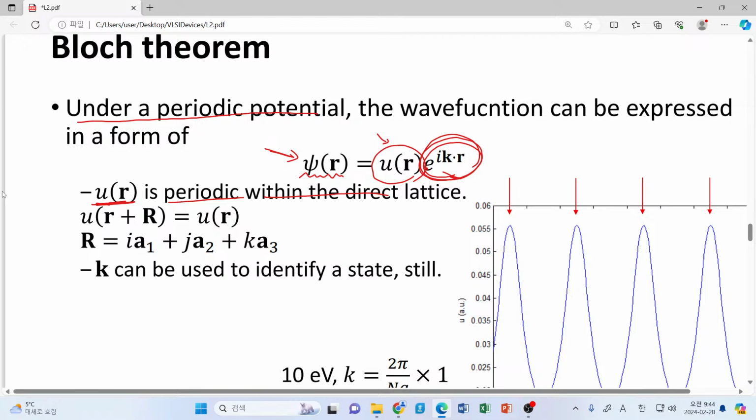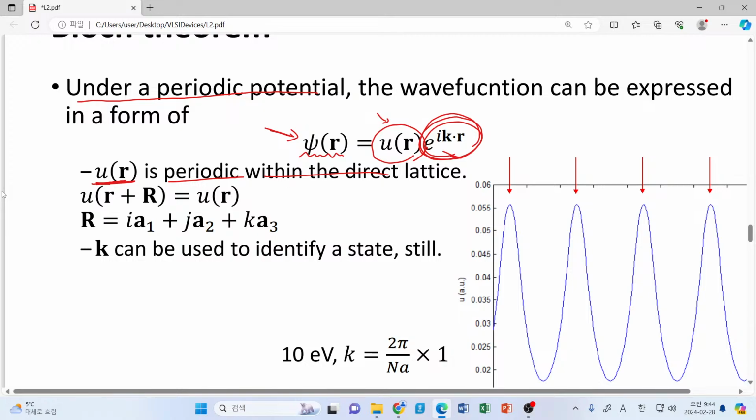So in this simple example of a 1D system, it just follows the length scale of a. Within a, they are just showing the periodicity. Therefore, actually solving or analyzing the electronic states under a periodic potential is not a trivial job, but at least we can have some clues to analyze that problem.